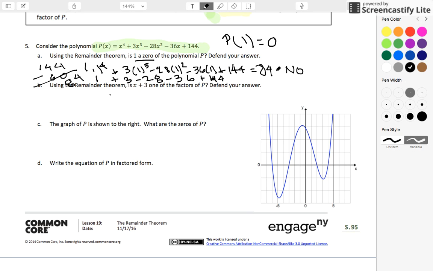Because that does not equal 0, it is no. Using the remainder theorem, 1 is not a zero of this polynomial.